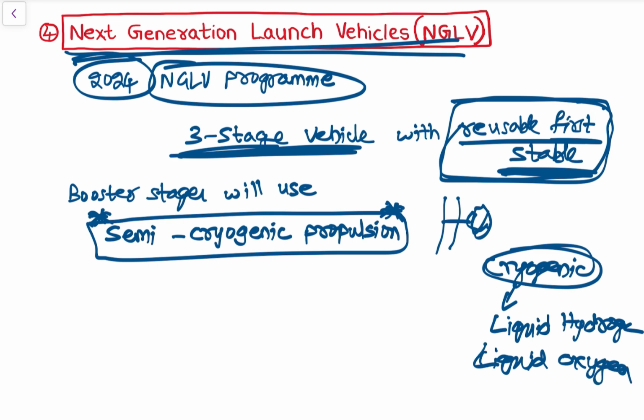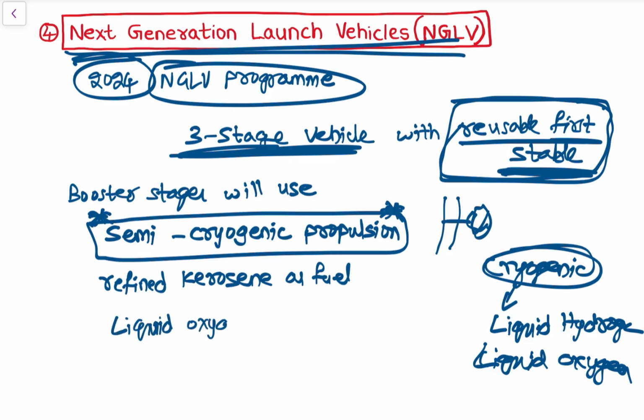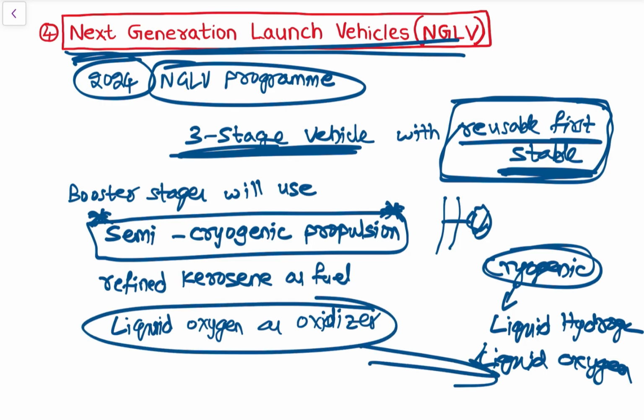In semi cryogenic, we use refined kerosene as fuel and liquid oxygen as oxidizer. We will use liquid oxygen as oxidizer, which is cryogenic, and refined kerosene as a fuel, that is non cryogenic. That's why it is called semi cryogenic. One is cryogenic, one is non cryogenic.